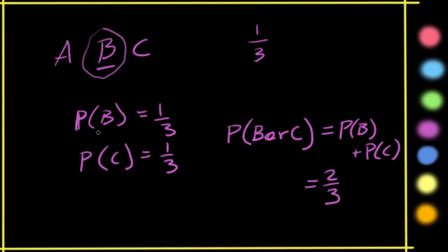But this only works if B and C are mutually exclusive. Okay, so that's an important concept. They have to be mutually exclusive, meaning that if either one of them happens, the other one can't happen.